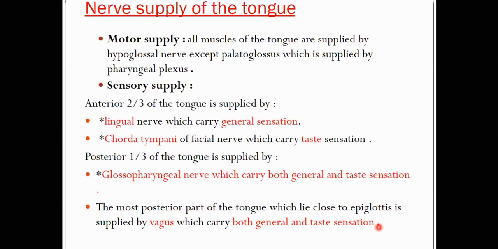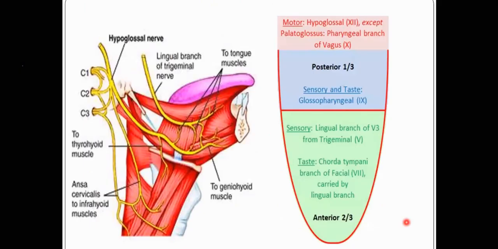Now coming to this in a diagrammatic way, the hypoglossal nerve is going to supply the extrinsic muscle. And here you can see a good diagram to recall. Anterior two-thirds: the lingual branch of the trigeminal nerve is the total sensory, and taste by chorda tympani, the facial nerve, and the lingual branch.